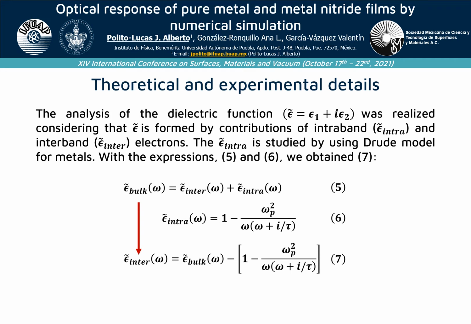The dielectric function of the intraband electrons is studied on the basis of the Drude model for metals, but the analytical form of the interband dielectric function is not known. It can be accessed by clearing it from equation 5. Expression 6 is the dielectric function obtained from the Drude model, while with expression 7 it is possible to model the dielectric function of the interband electrons.